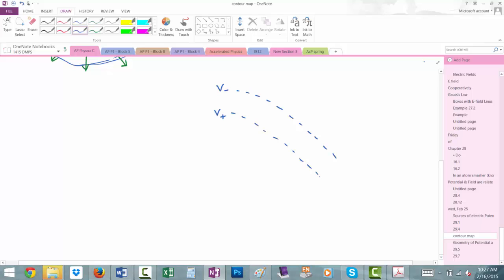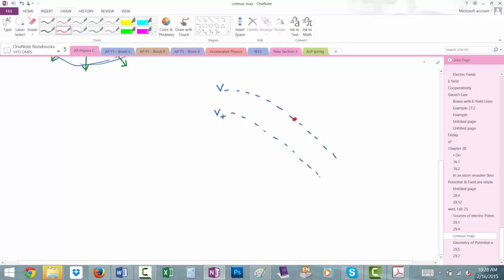So the one below is at a higher potential than the one above it.